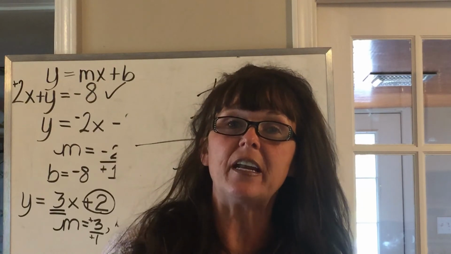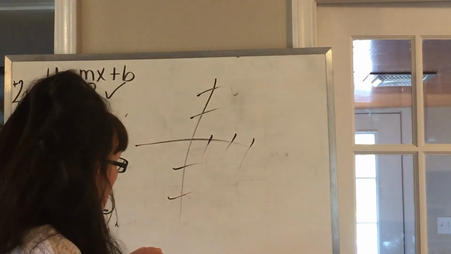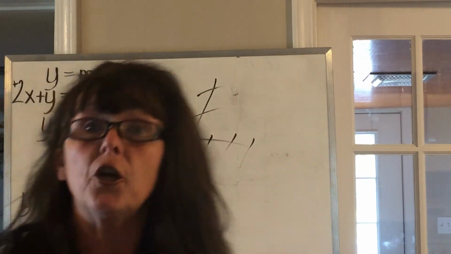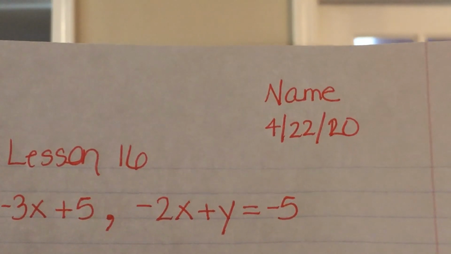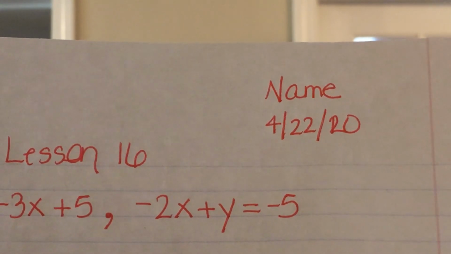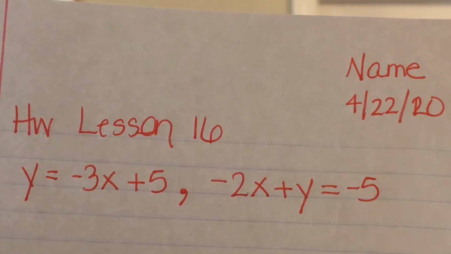All right. Well, that was a pretty short video. There's more tomorrow. Okay, so let me get you your 2 problems and hold them up for you. Okay, lesson 16, the 22nd. There's your two problems.